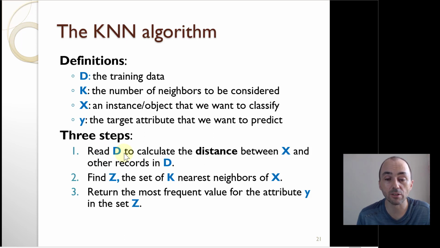First, we read the database D to calculate the distance between X and all the records in the database D. Then we find Z, the set of the K nearest neighbors of X, like K equal 3, the top 3 most similar, for example. Then we do the vote. We take the majority, we return the most frequent value for the target attribute in the set of the nearest neighbors. Okay, so this is very simple, right? If you want to do programming, it's really easy for the KNN algorithm.